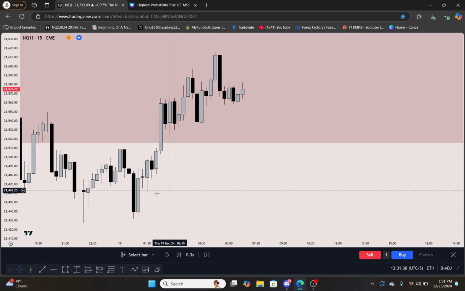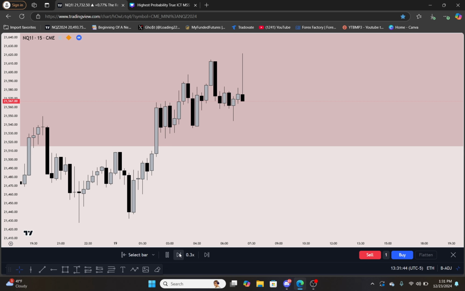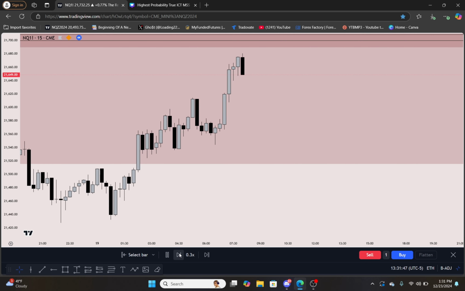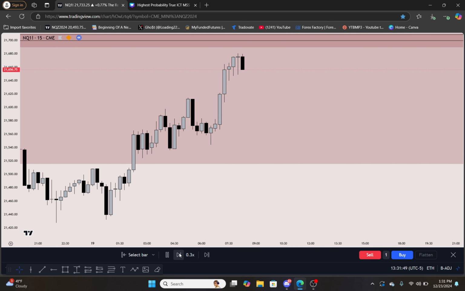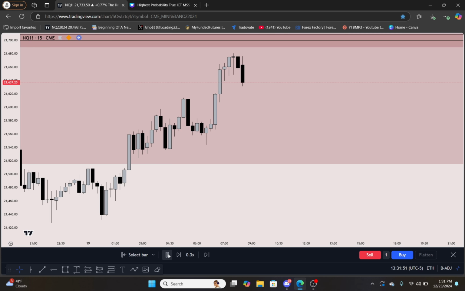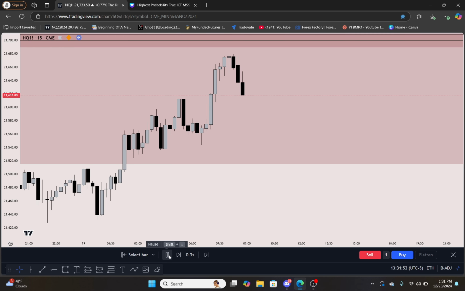15-minute order flow since midnight open is bullish. See what happens. Price gets closer up into this PD right here. Notice how price closes inside of this bearish gap here.